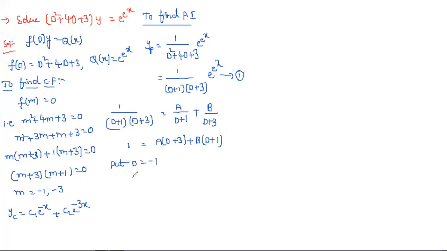Then 1 = A(-1 + 3) and the B term becomes 0. So A = 1/2.